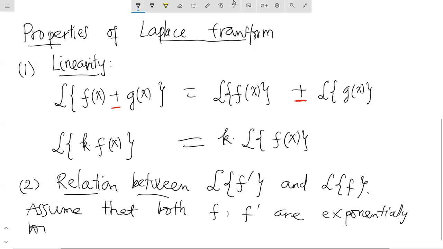Again, this is just a technical theoretical condition. In practice, all of our functions will be exponentially bounded. But I need to write the condition here to make sure it's mathematically correct.